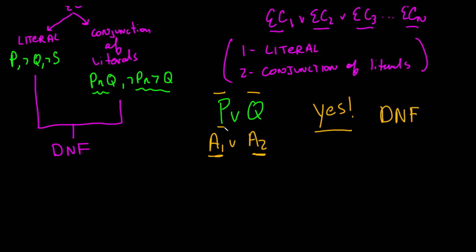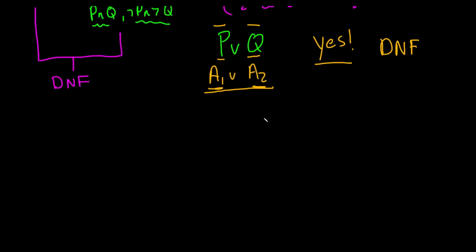We see that P is a literal, and so it is an elementary conjunction, and Q is a literal, so it is also an elementary conjunction. And since you have a disjunction of elementary conjunctions, the formula is in disjunctive normal form. Let's look at another example.